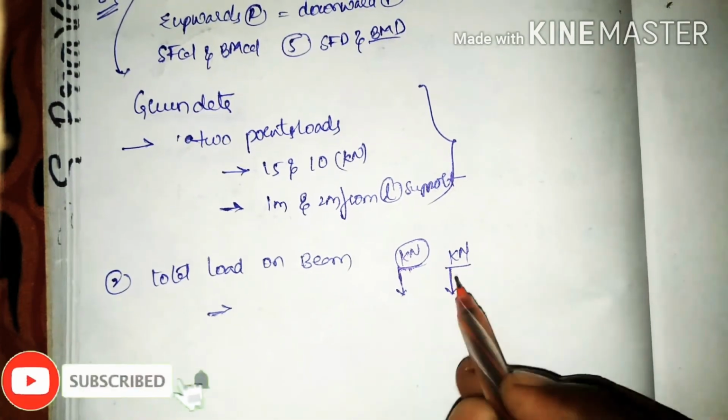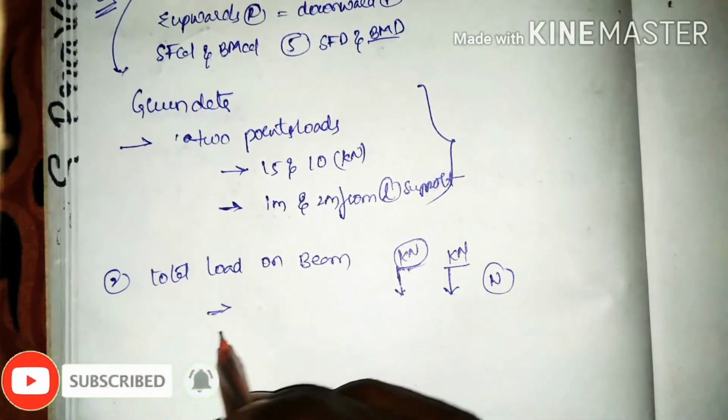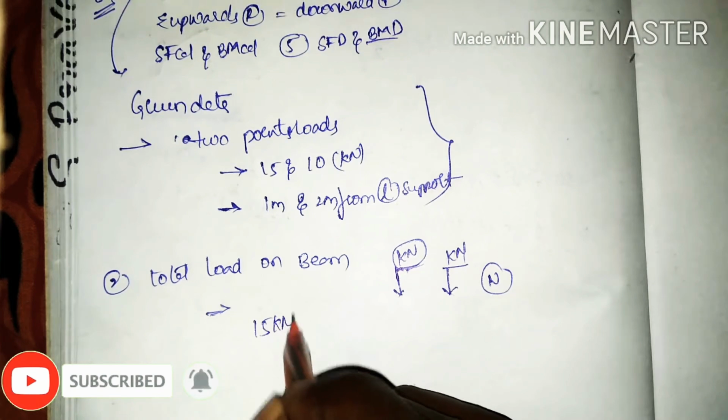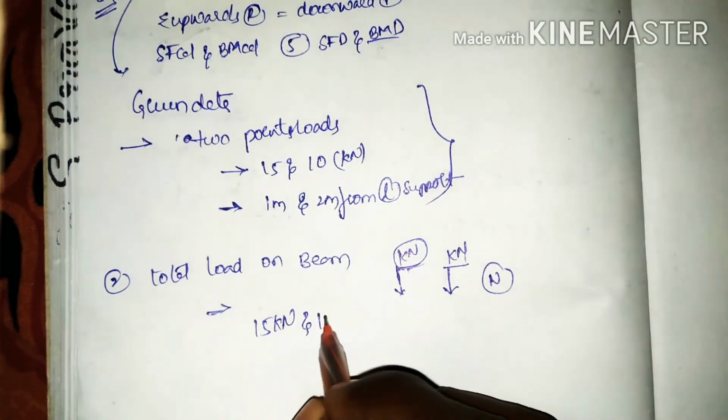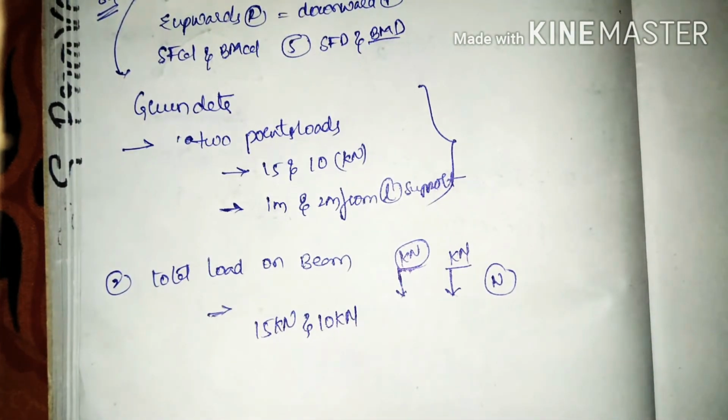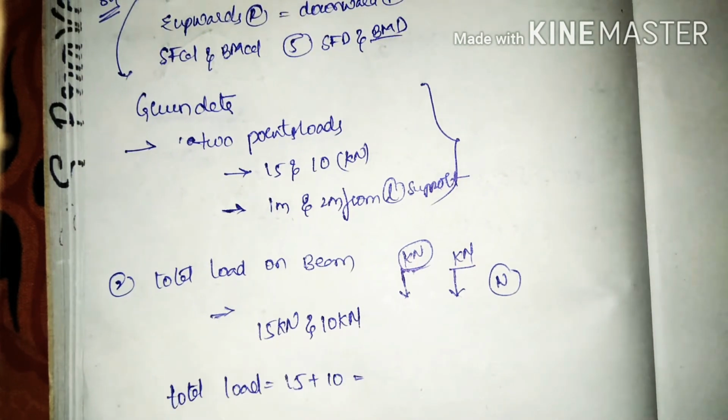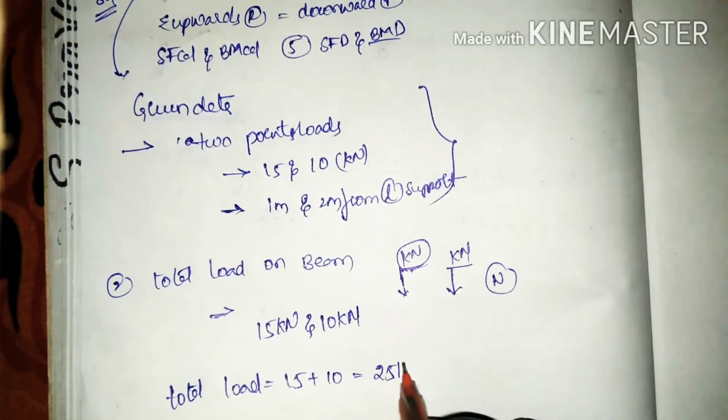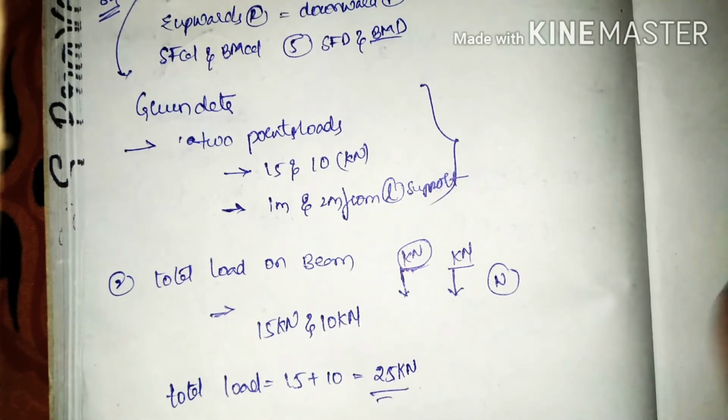Here we are having 15 kilonewton and 10 kilonewton. Next, we have to add them up. That's going to be 25 kilonewtons on the beam.